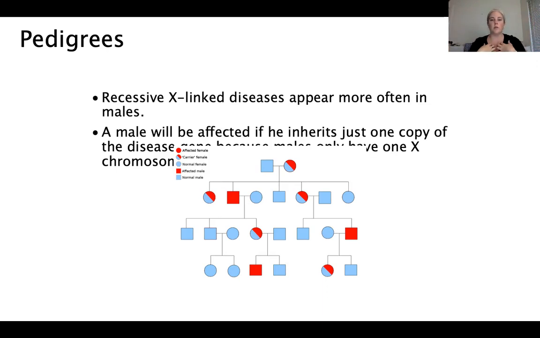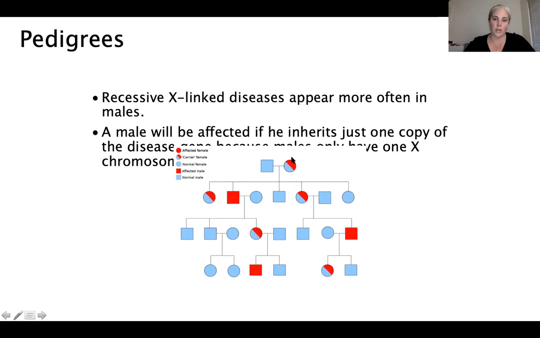So just because you don't express the disorder in yourself, in your autosomal cells, doesn't mean that you can't pass it to your offspring, because in meiosis, both of them are activated when you're doing egg formation. And because of random assortment and independent assortment, you can pass on either one of the versions in the eggs that you make.